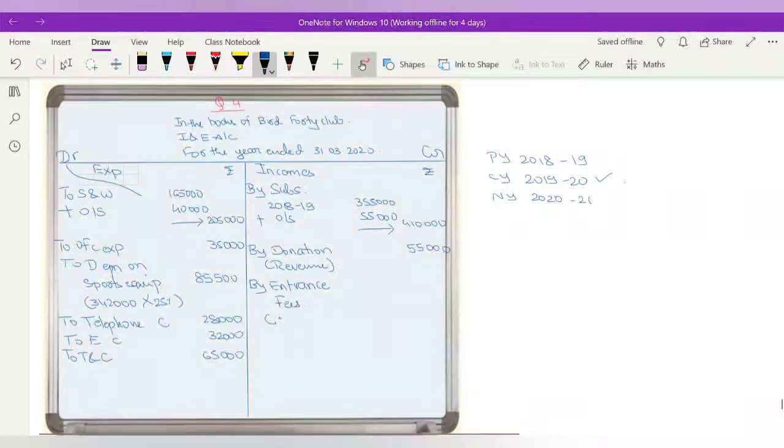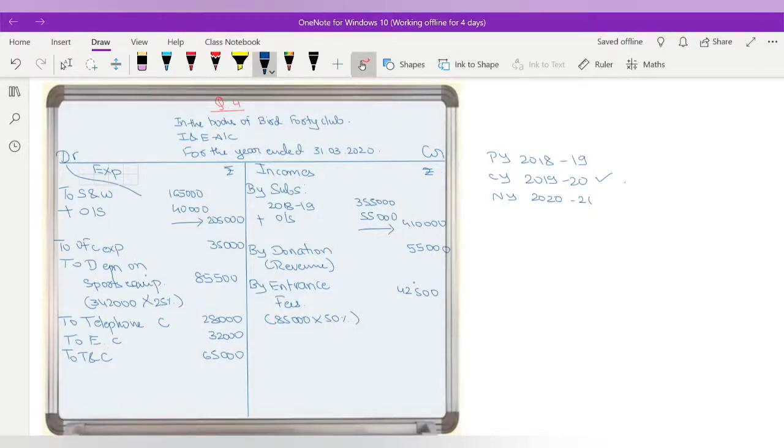How much? Total it is 85,000. Out of 85,000, 50% will be capitalized. That means 50% is of a revenue income. So 85,000 into 50% comes to 42,500, right? Then outstanding subscription is over, outstanding salary and wages is over, depreciation already given, capitalized entrance is also over.